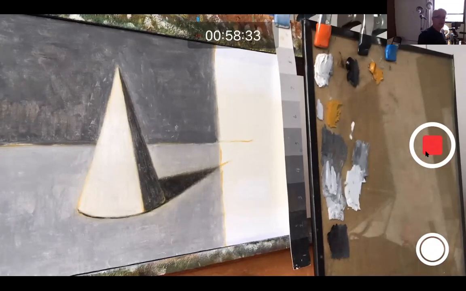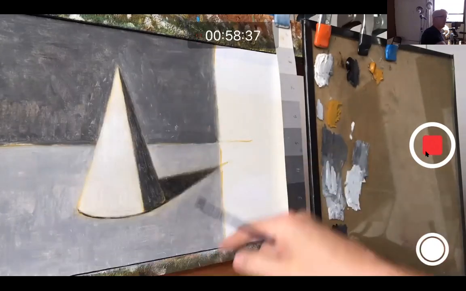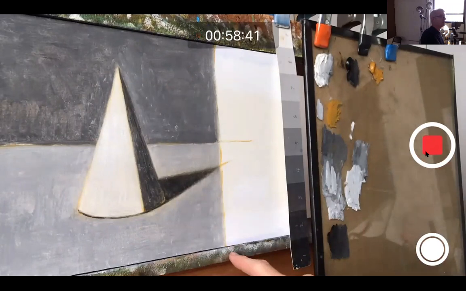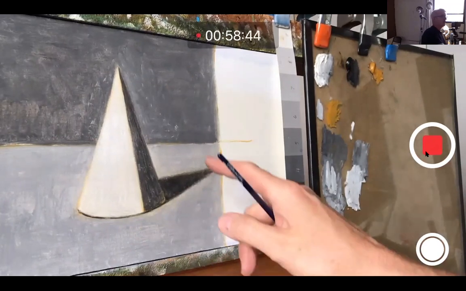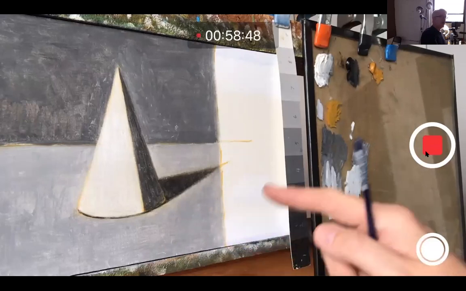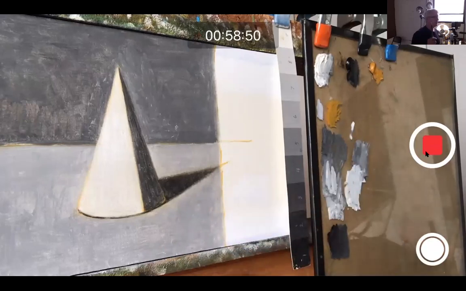Instead, I want to establish very clearly at the start the unified value structure, which is what this is: the simplified value structure of the painting, a sense of the unified light source. I want to set up those large things and then go into the smaller details.